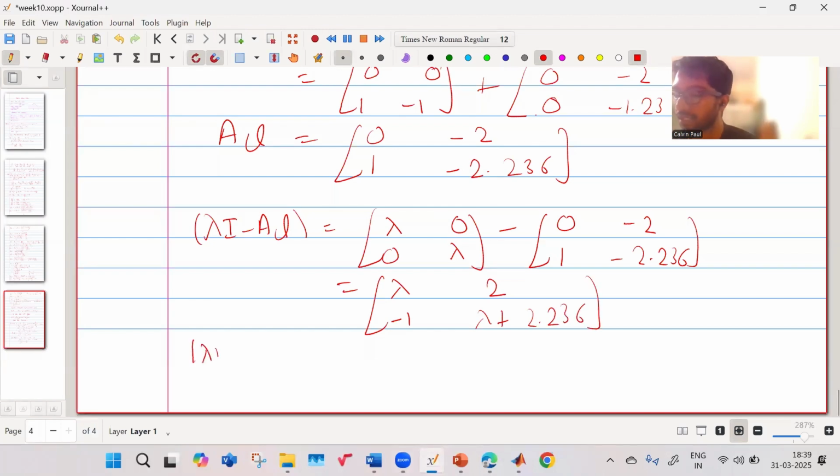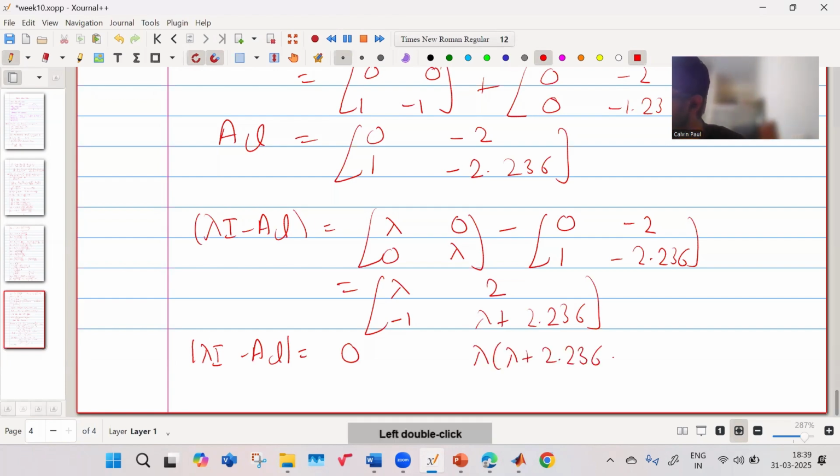So we have to find lambda such that the determinant equals 0. So we got lambda squared plus 2.236 lambda plus 2 is equal to 0.